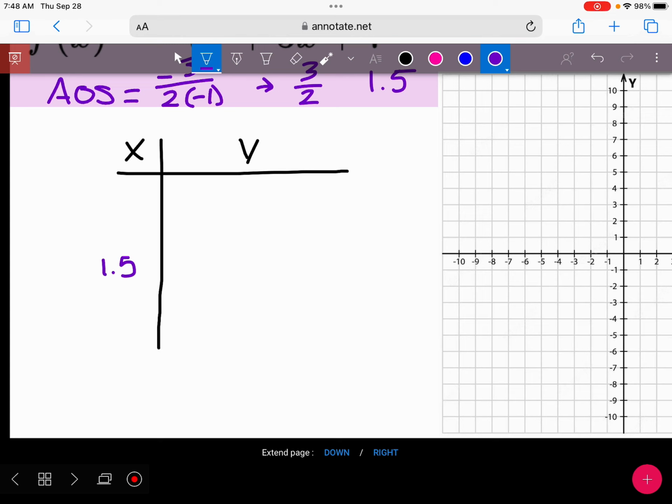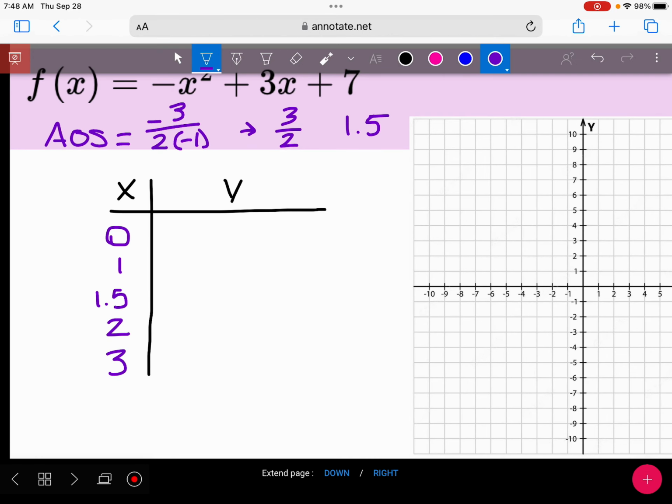But we don't have to. We can just use 2 and 3. We can go smaller and hit 1 and 0. And that'll be enough to get us a graph. You can also type it in.